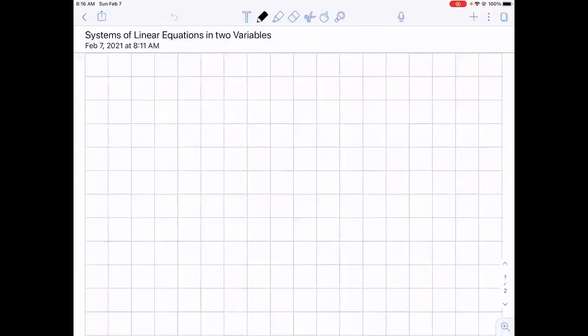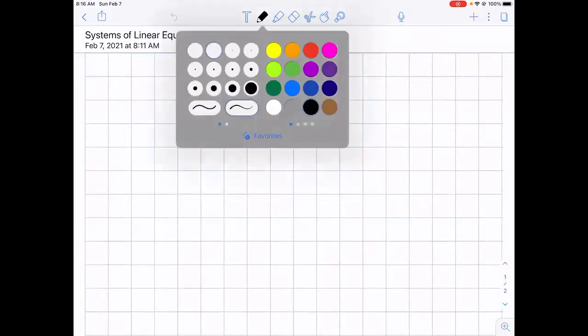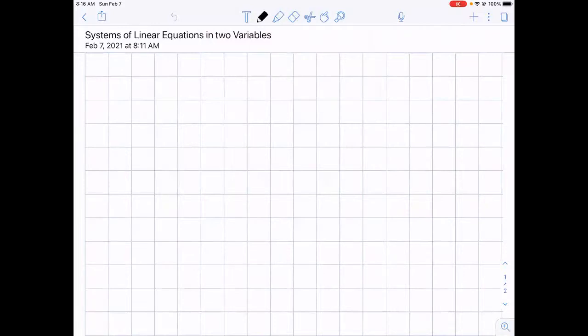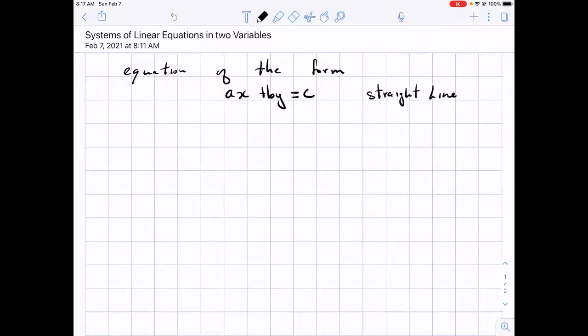Hello, we'll look at systems of linear equations in two variables. We have seen the graph of an equation of the form ax plus by equals c to be a straight line, and which is also linear.